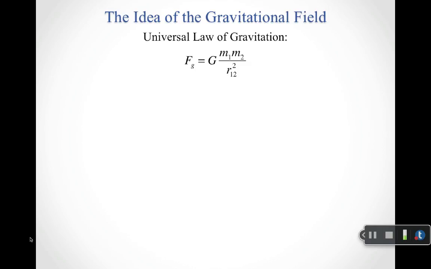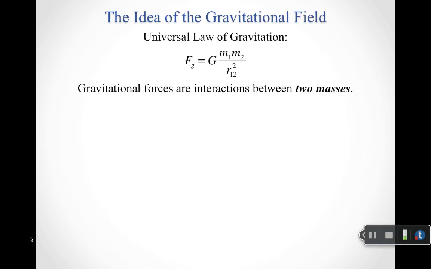So the magnitude of the gravitational force is given by G, big G, times the product of the masses divided by the distance separating the masses squared. And one of the things that we want to emphasize is that this tells us that gravitational forces are in action between two masses. And all we're going to do is start by relabeling those masses.